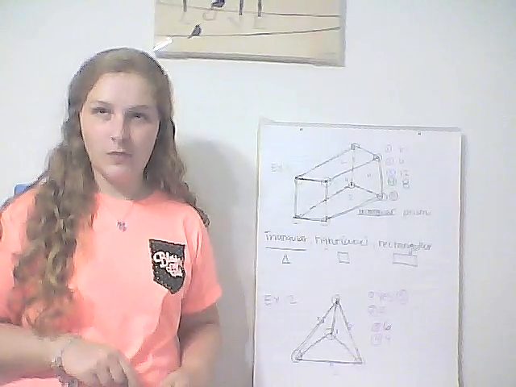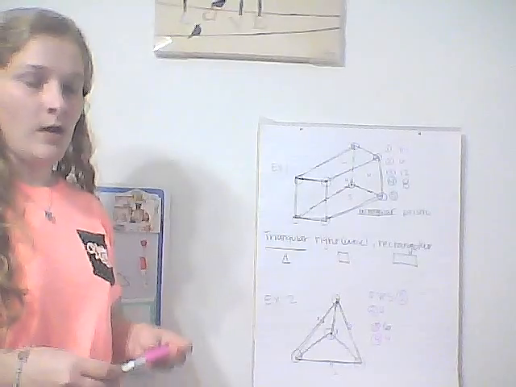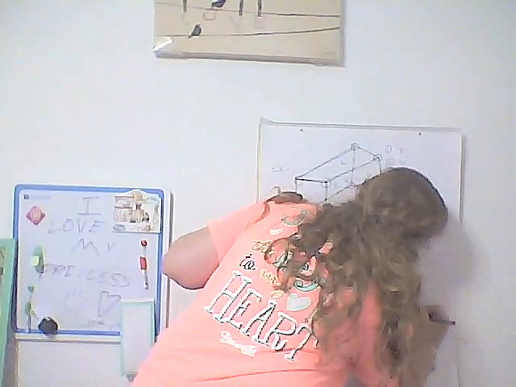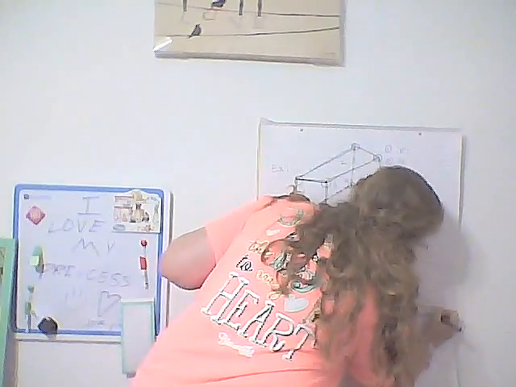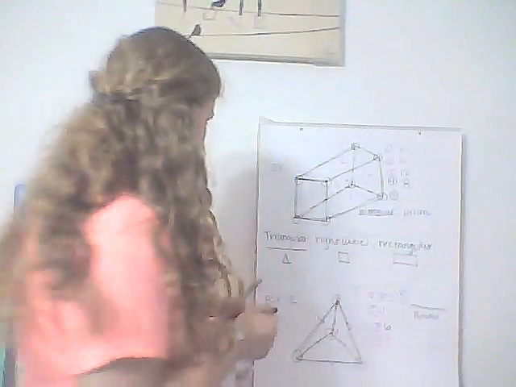Brittany. Okay, what did you get? Prism, pyramid, and why? You say we have a pyramid. Why do you say that? Because the base is a polygon.